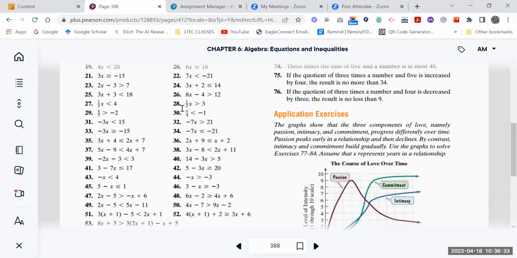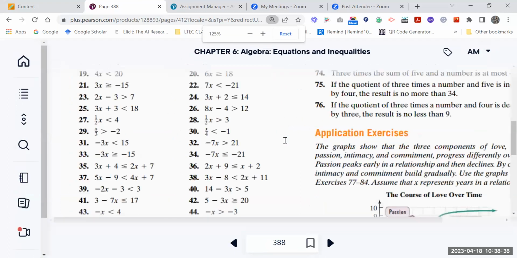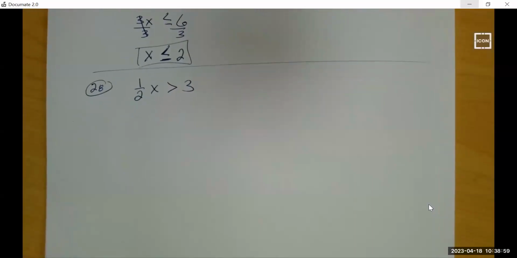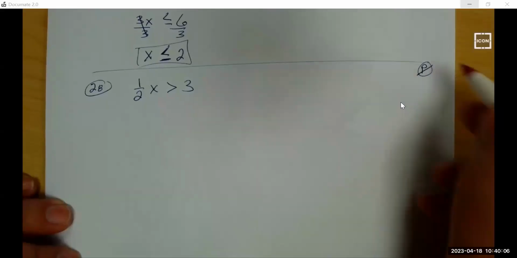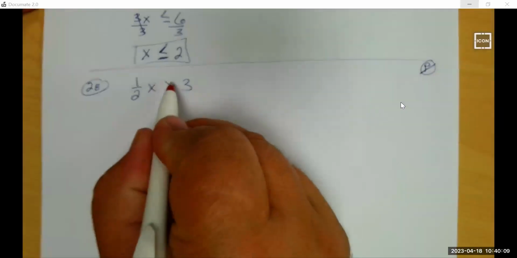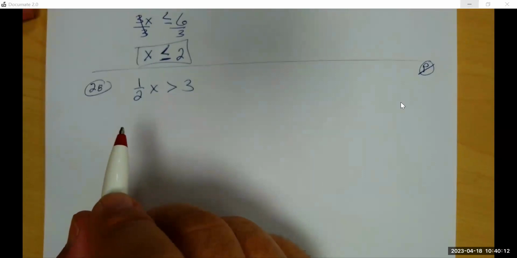Let's pick number 28. It says 1 over 2 x is greater than 3. Okay, remember, treat the inequality like an equal sign, right?